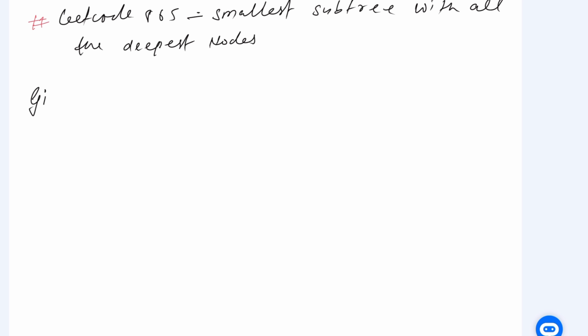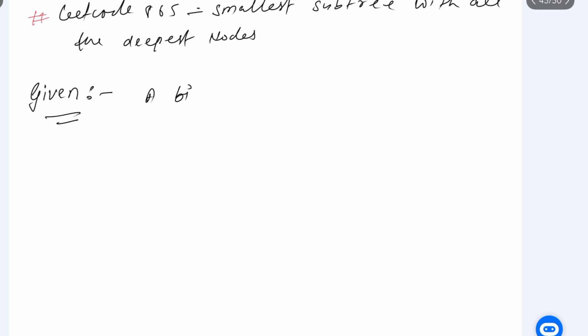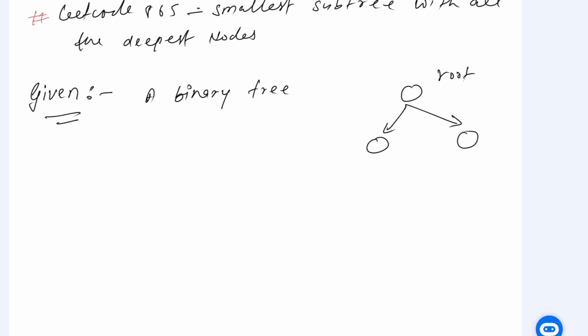Very first, you see what we are given. We are given a binary tree. A binary tree contains, let's suppose this is a root node. It contains a maximum of two nodes, like this and this.